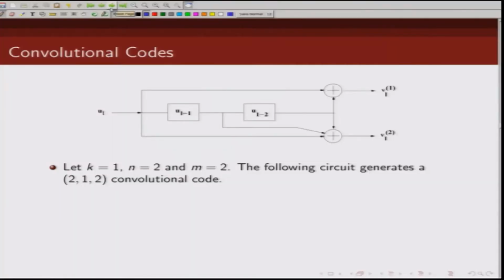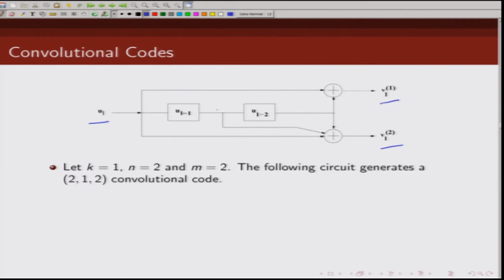So, let us take an example now of a convolutional code. Here we have one input and two outputs. The input we are denoting by u of l, output we are denoting by v of l1, v of l2. Now, note here, each of the outputs here not only depends on the current input, which is u of l, but it also depends on these past values.